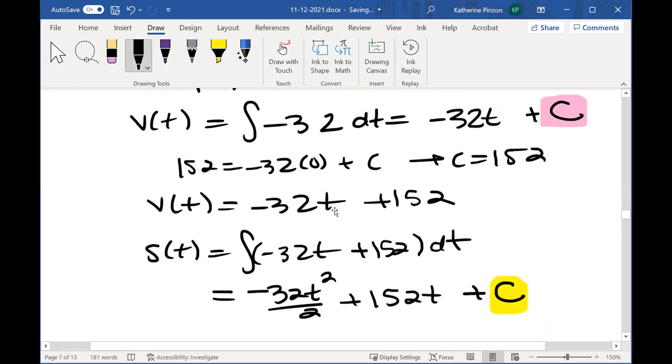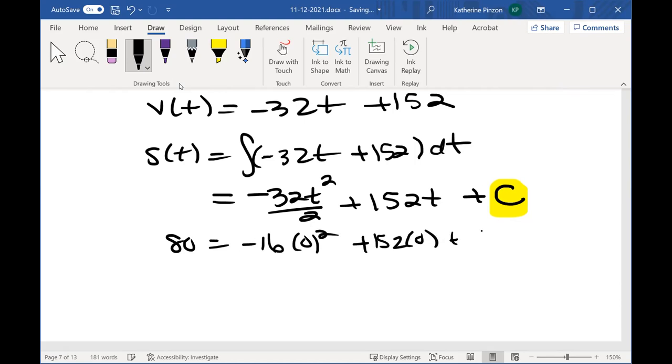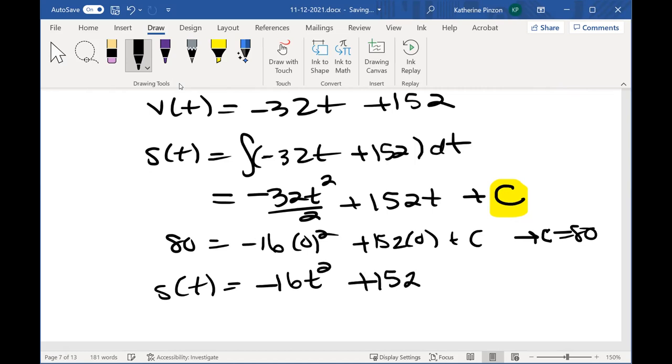So when I plug 0 into this position equation, I get 80 out. I can do negative 32 over 2, it's negative 16, 0 squared, plus 152 times 0 plus c. So c is 80. Okay, so my position function is negative 16t squared plus 152t plus 80.